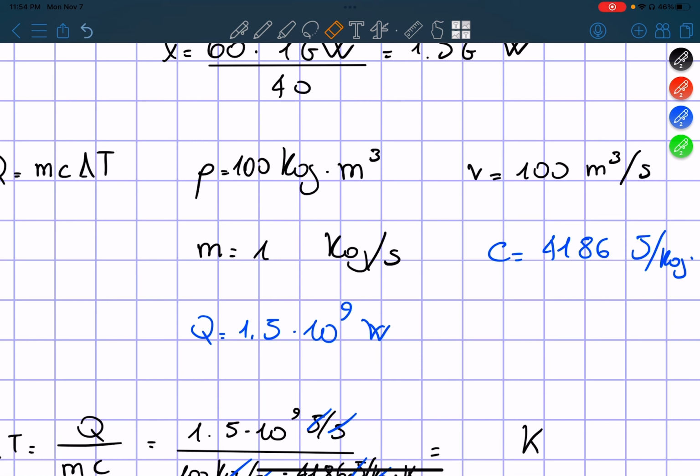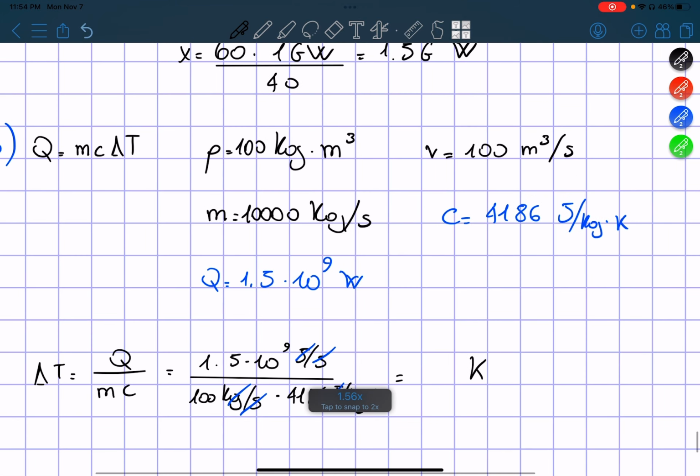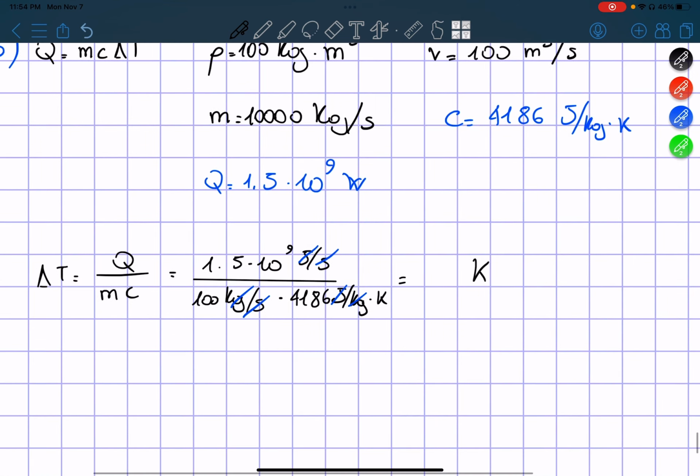It means that the mass over here will be 100,000.